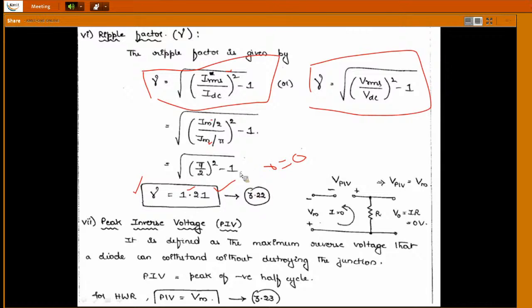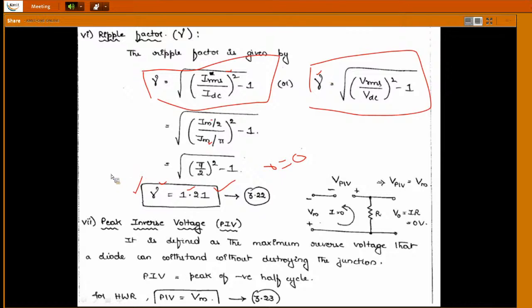The filter is compulsory. But this factor tells us what percentage of ripples is there. What is the basic expression for the ripple factor? That is the square root of (IRMS by IDC) whole square minus 1, or you may write the square root of (VRMS by VDC) whole square minus 1. This is the expression for your ripple factor.